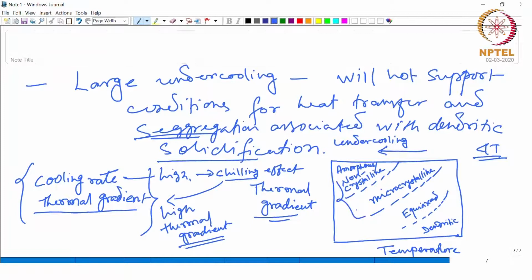So, this cooling rate or the thermal gradient, that would also influence whether the material is going to be a crystalline material like what you generally get in the metals, or it is going to be an amorphous kind of structure like what you get in a glass.